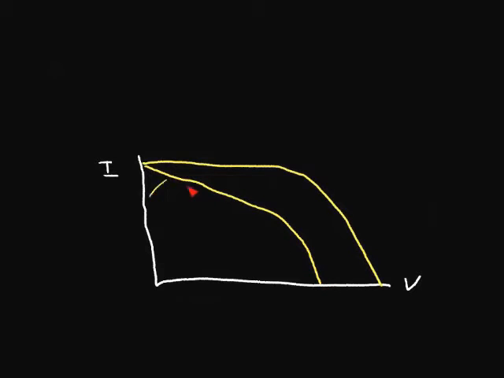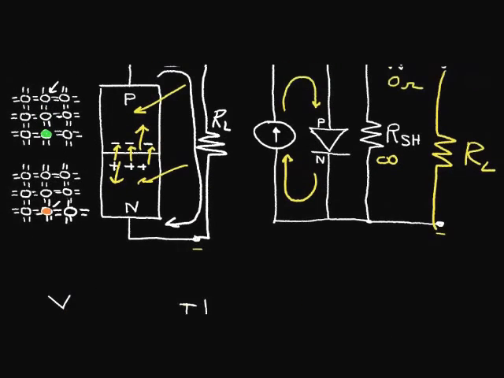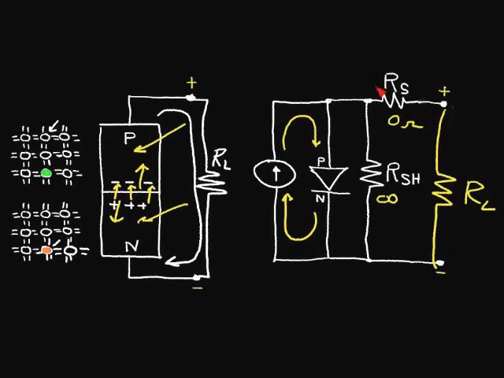And again, the area represents the power that we can extract from the solar cell, and it has been diminished. So let's next do a computer simulation of this solar cell. Let's take this circuit here and do a computer simulation and get a better understanding for how the solar cell works.